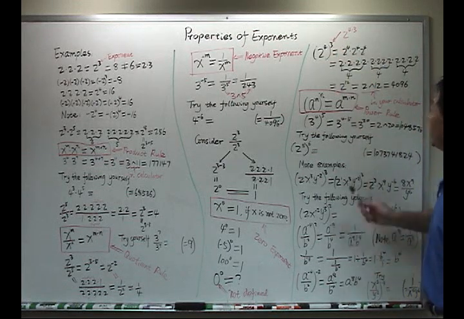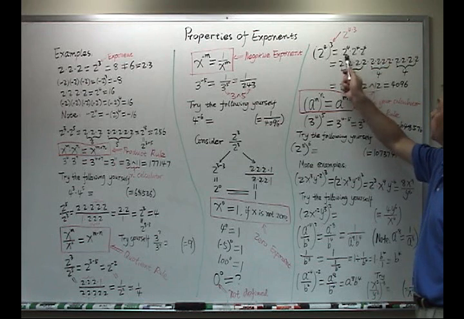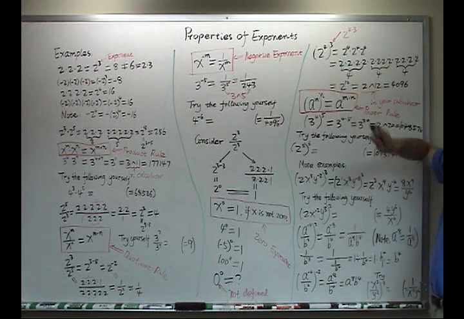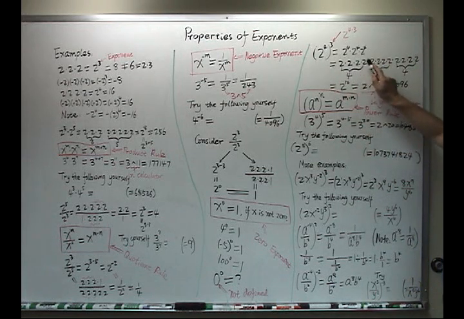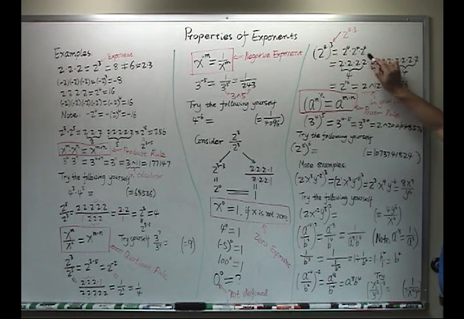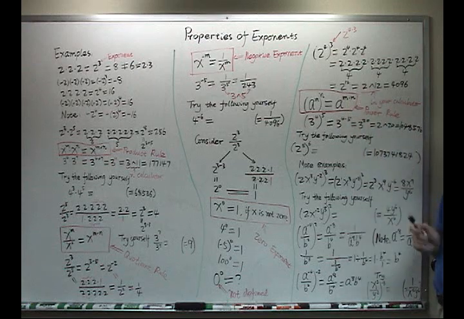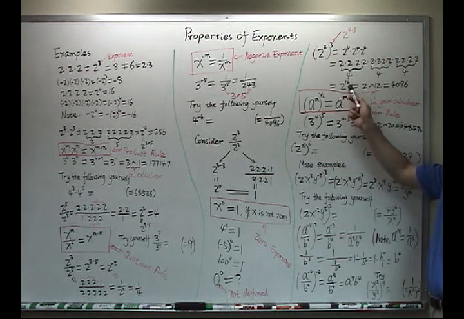But on the other hand, 2 to the 4th can be written as 2 times 2 times 2 times 2, 4 2's, and so is each of the others. How many 2's? 4, 4, 4, 12, 2 to the 12th. So there are 12 2's.